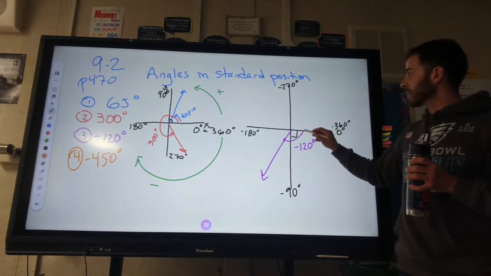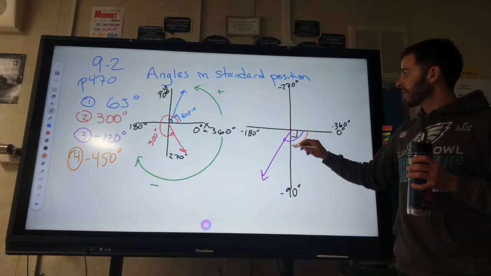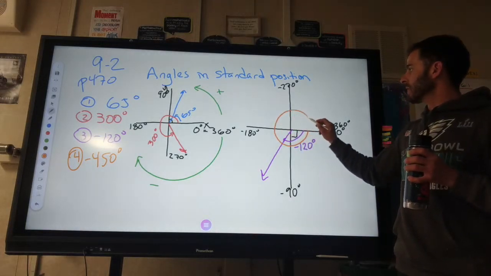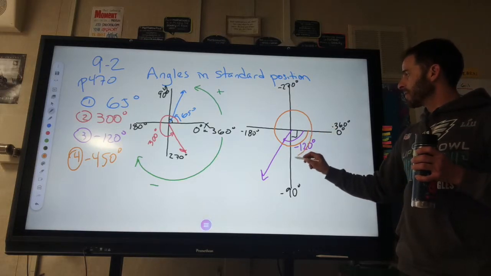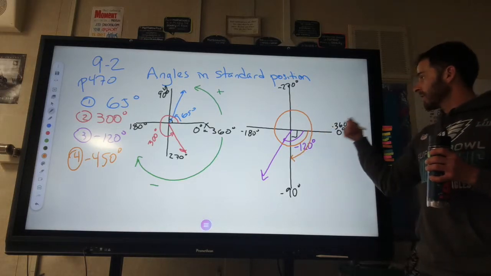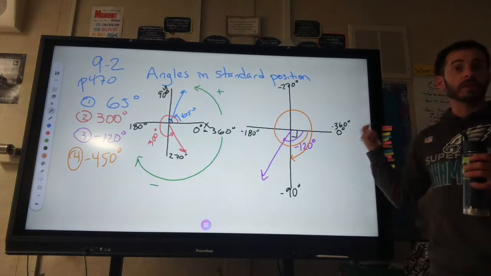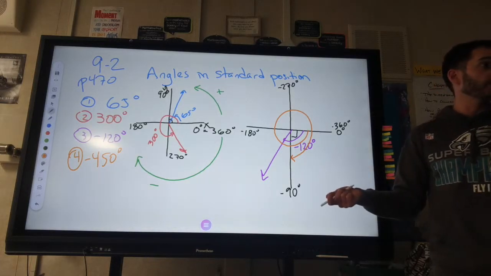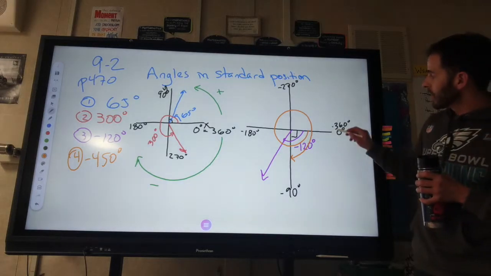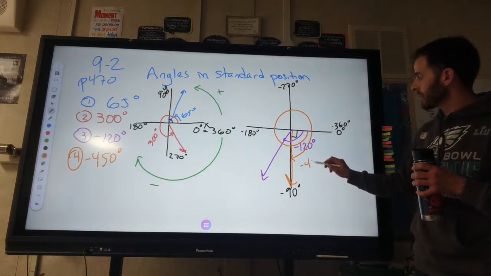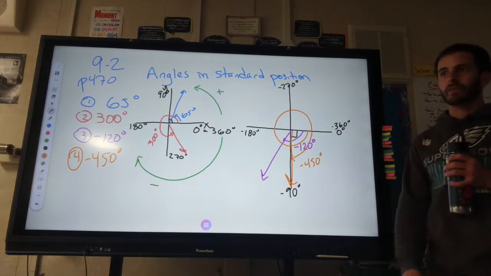Negative 90 again. So we go down to negative 90, negative 180, negative 270, negative 360, and then back around, and negative 360 minus another 90 is negative 450. Check on your calculator. So this angle right here is also called negative 450.